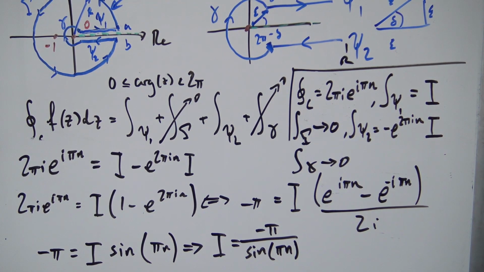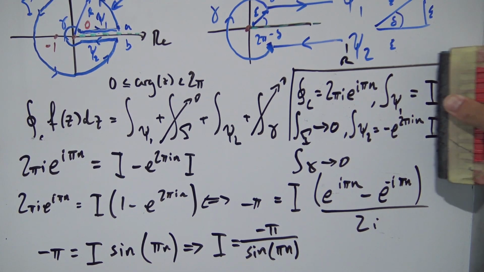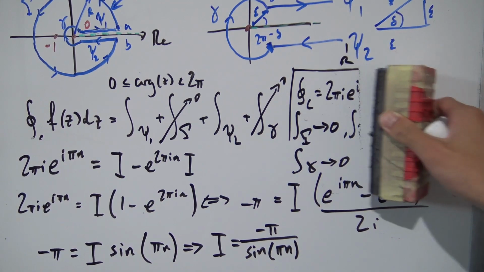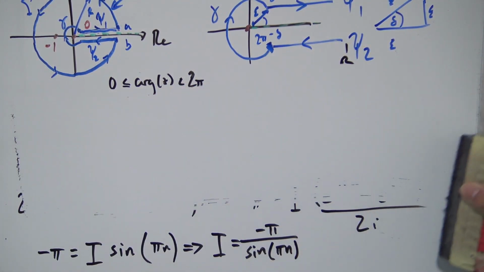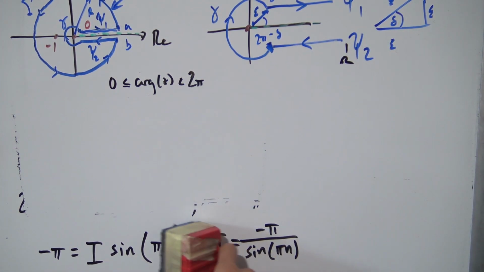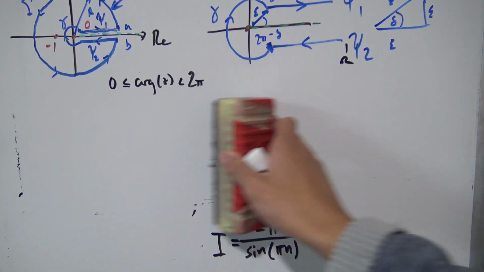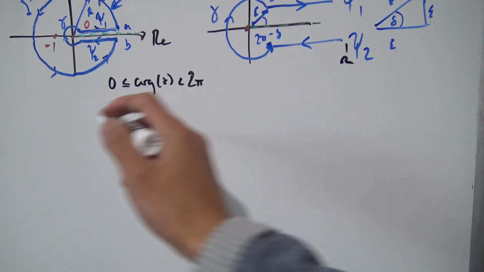So yeah, that was a lot of work for this one result right here, but that's going to save me a lot of time in a future video where I'll be actually using this result that we found right here. If you haven't figured out already, this is basically the Euler reflection formula. I'll be doing a quick video on that. But yeah, we've basically done most of the work right here.